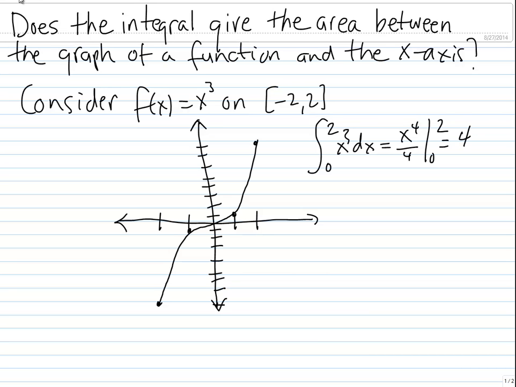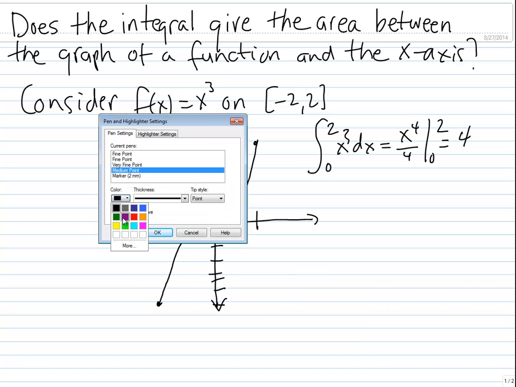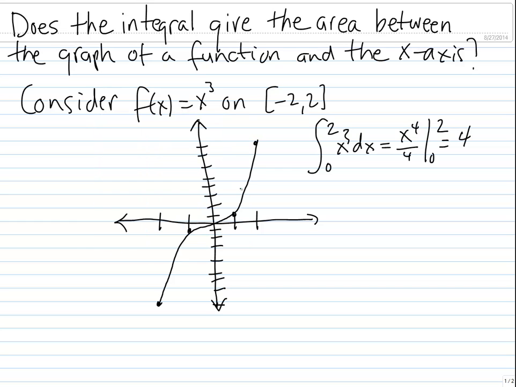So the area underneath the curve here, which I will go ahead and mark in green, has a value of 4.